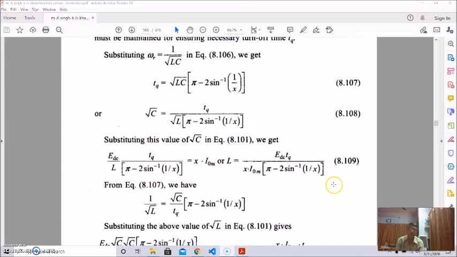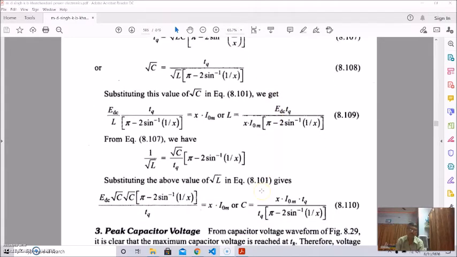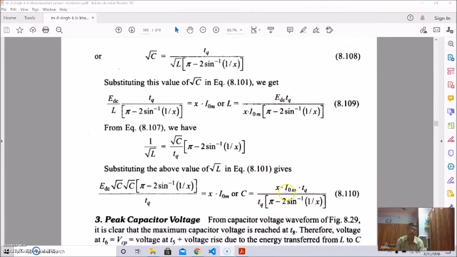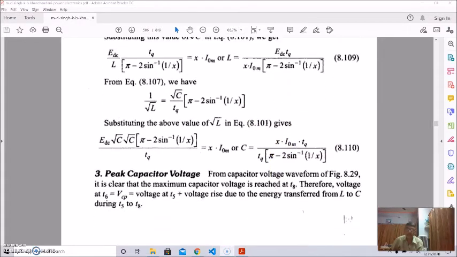After simplification we get this value of L, and if we put this value of L in this equation, we get the value of C, which is x IOM TQ by EDC into pi minus 2 sine inverse of 1 by x. So these are the circuit design considerations for obtaining the values of the commutating inductor and commutating capacitor.